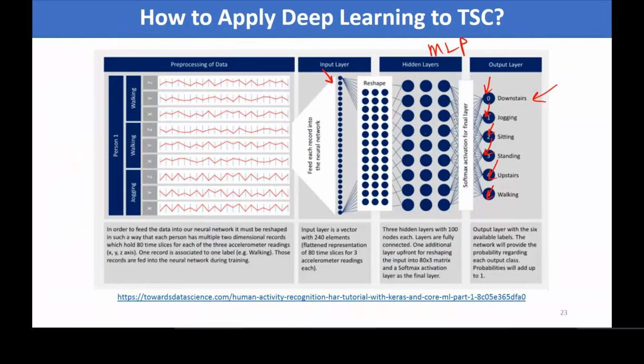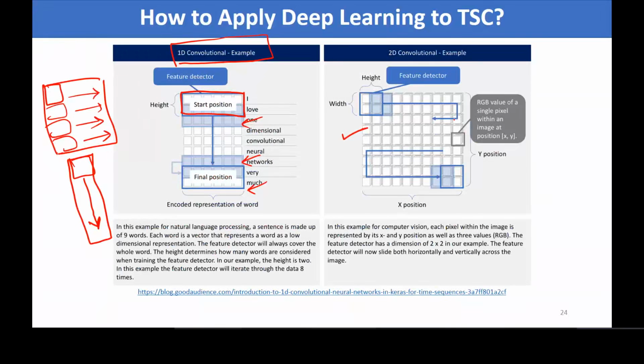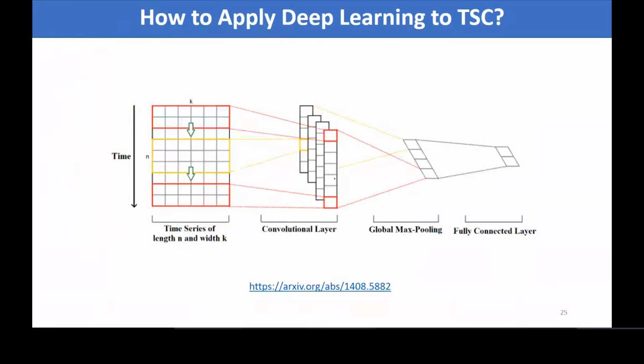And this is a very simple way of doing 1-dimensional convolution for a series. Time passes from top to bottom. So you have a series of readings, in this case a time series of length n and width k. So you have many samples, each one, for example, could be X and Y and Z, etc. And you will have many of these, like 10 readings, 50 readings.